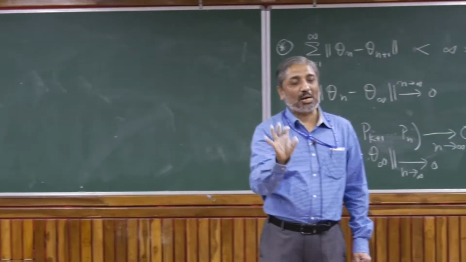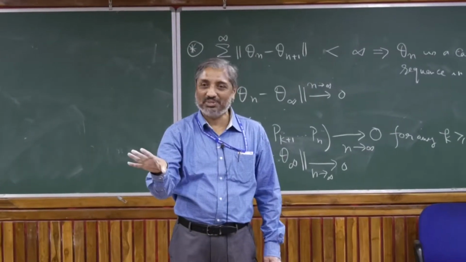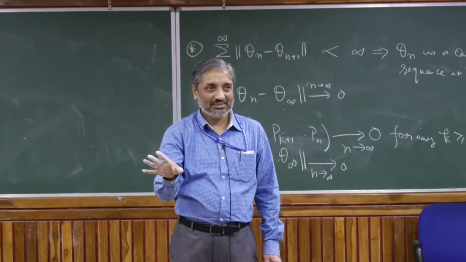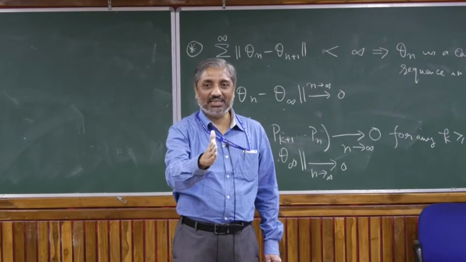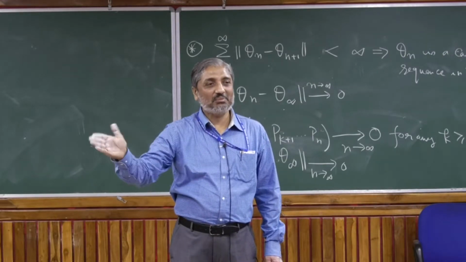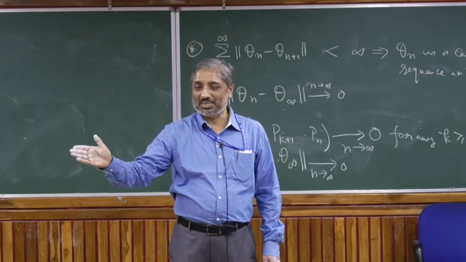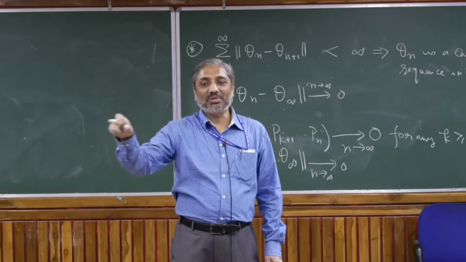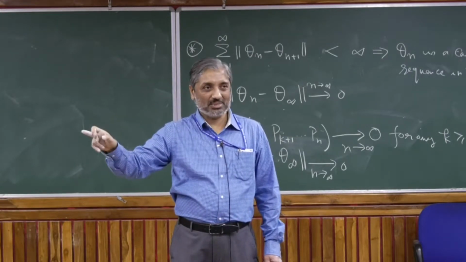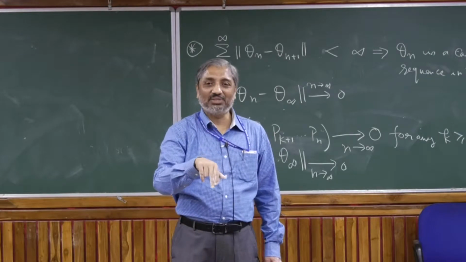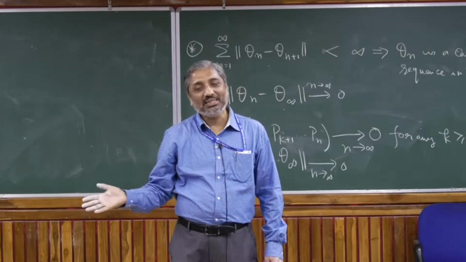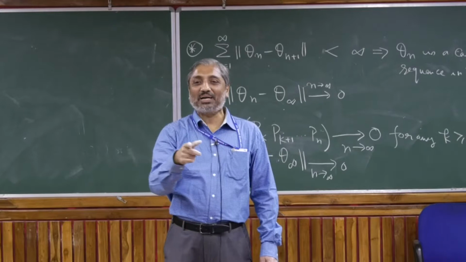The coin has some probability of turning head and some probability of turning tail, right? Let's say the probability of turning head is P and probability of turning tail is 1 minus P. So I take as my first row what? P, 1 minus P. I should take as my second row 1 minus P and P. How do I use the coin to generate the Markov chain now?